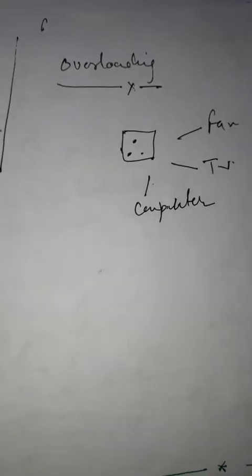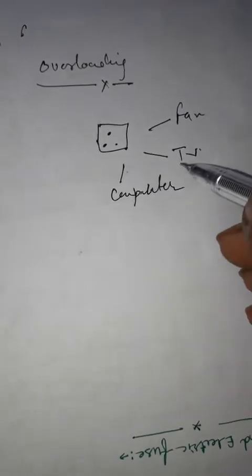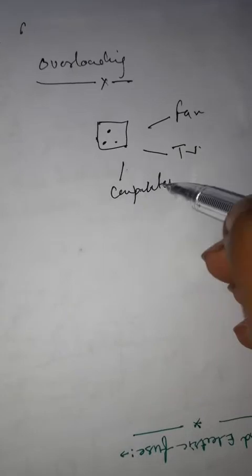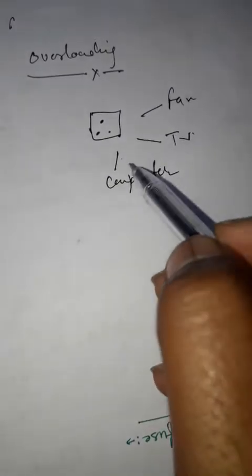Then there becomes an overloading of current, because each device must draw some current to work. So this is called overloading.